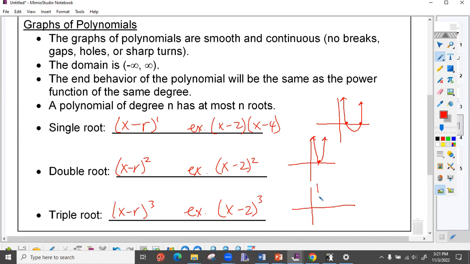So notice here, I'm going to go through 2, but I'm not going to cross back again because I only have that one root. So the rest of my roots are imaginary. Okay, that is why the exponent of the power of your factor is important. We call this multiplicity. It's the multiplicity of your root.